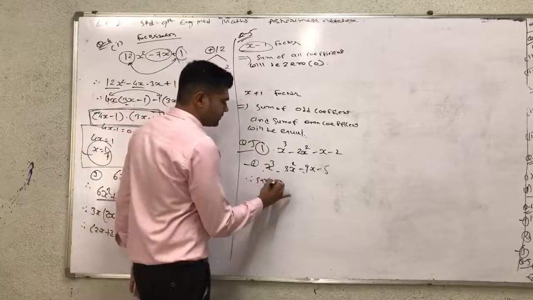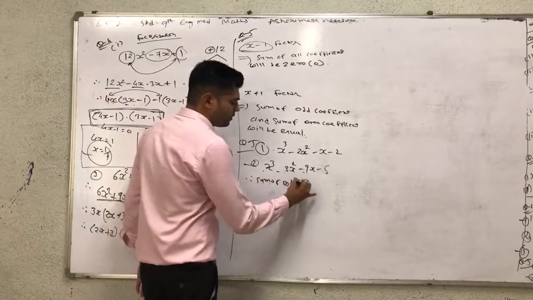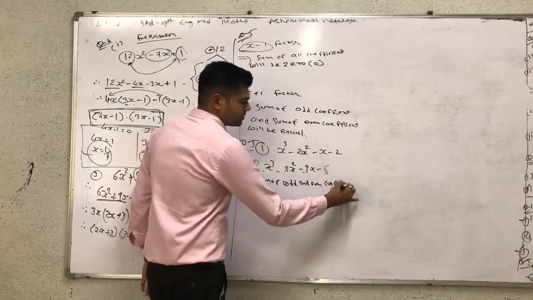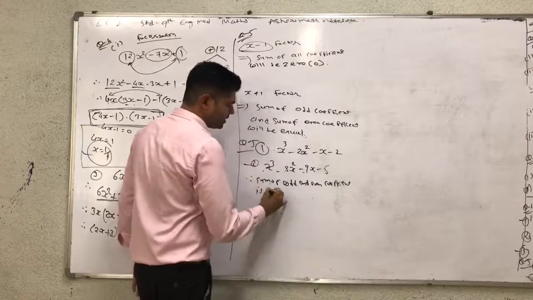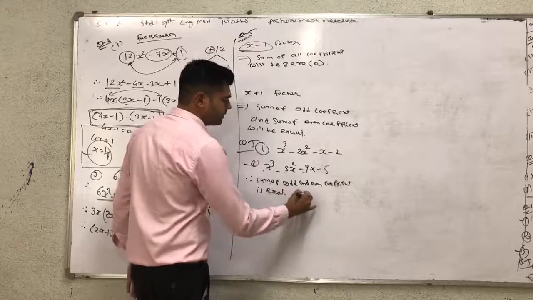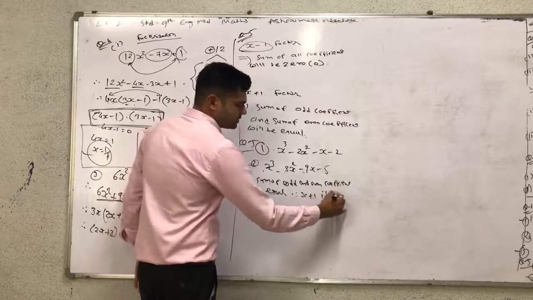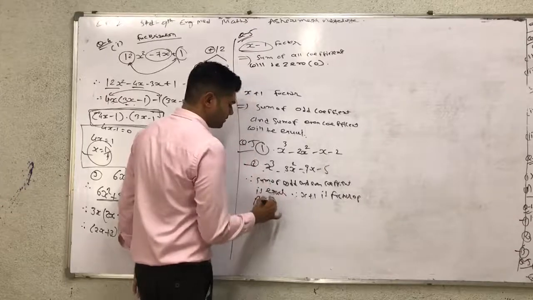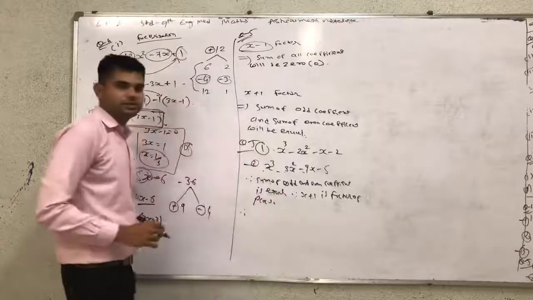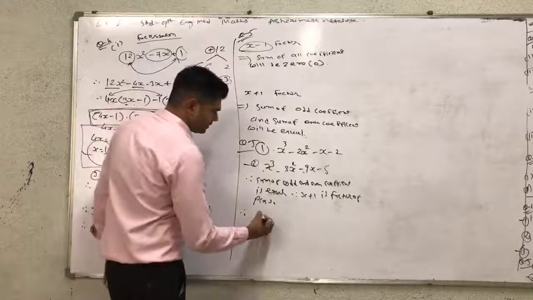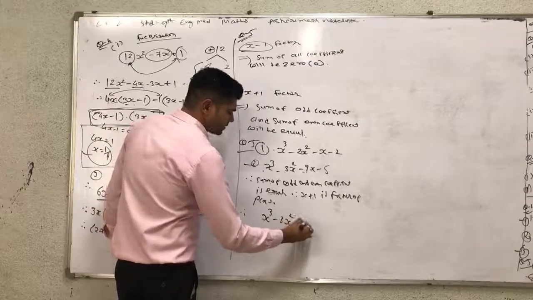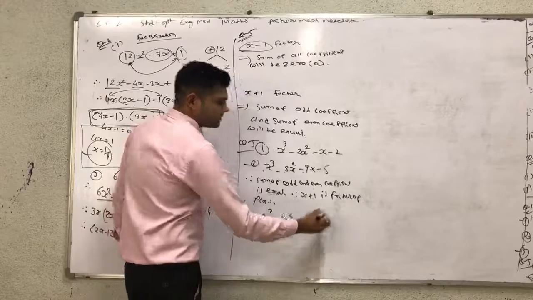The sum of odd and even coefficients is equal. Therefore x plus 1 is a factor of this p of x. So p of x is x cube minus 3x square minus 9x minus 5.